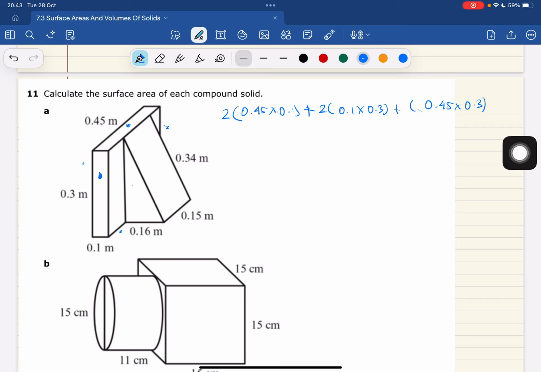And look, we got this triangle, 2 triangles. So 2 times 1 over 2 of this triangle, 0.16 times the height 0.3. And then we add the last area, which is only 1, 0.15 multiplied by the height here, 0.34. You can calculate it. This will give you the answer of 0.498 meters squared.